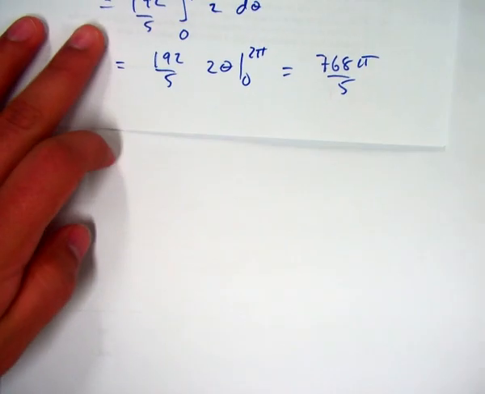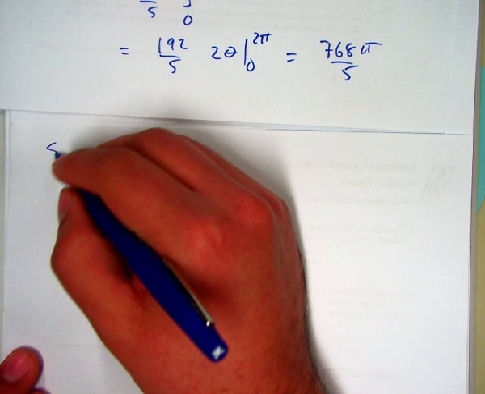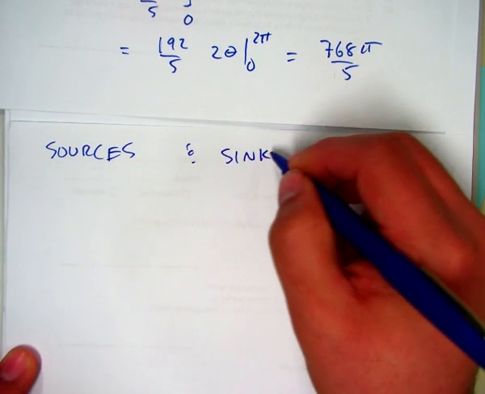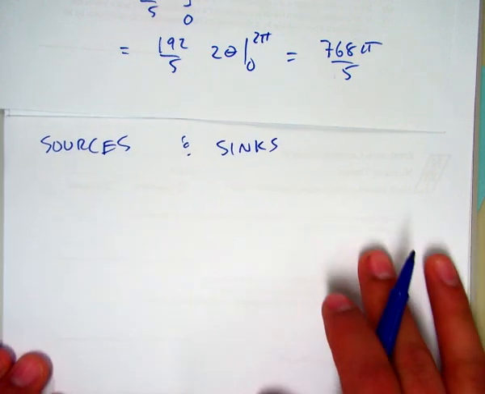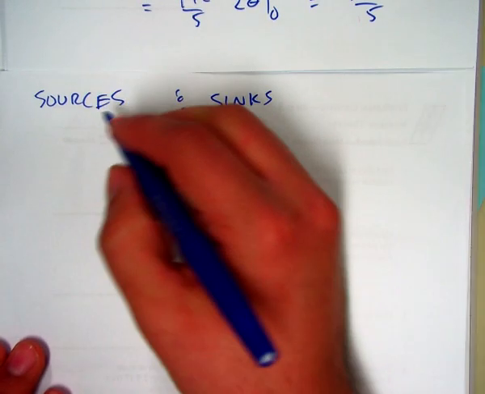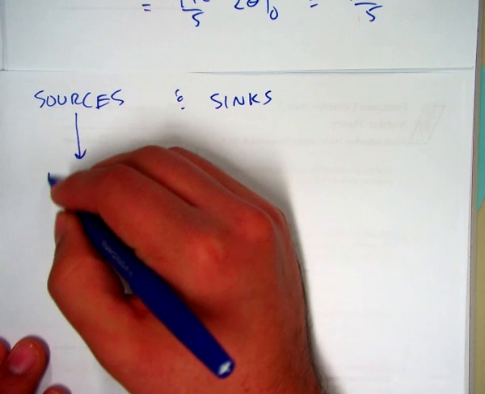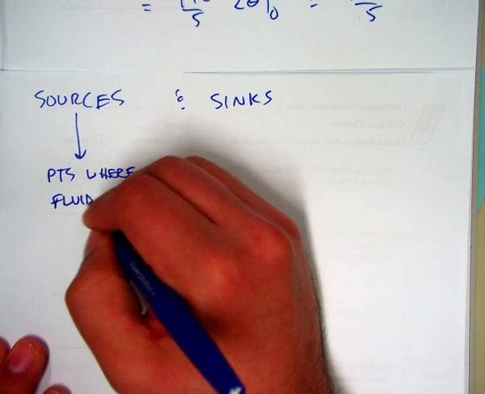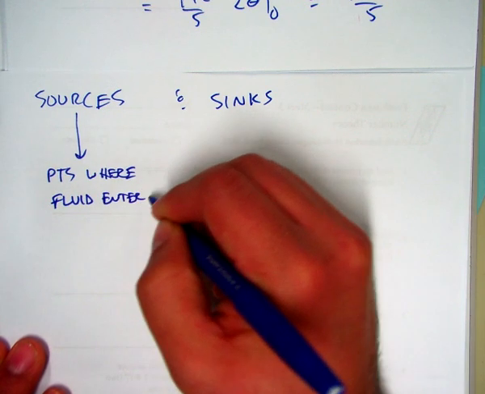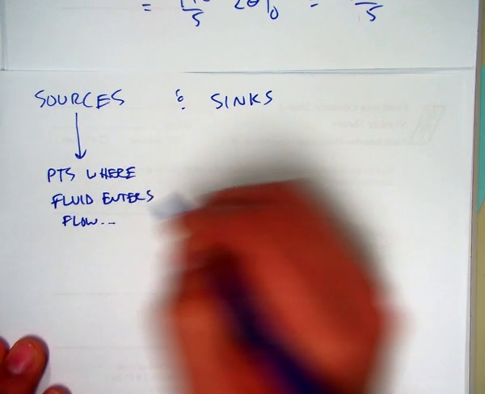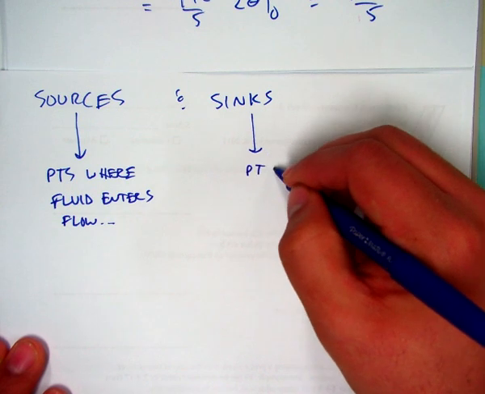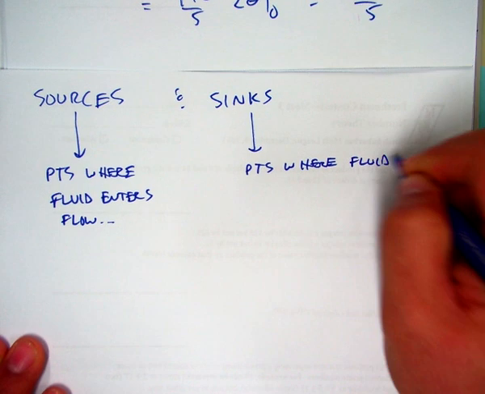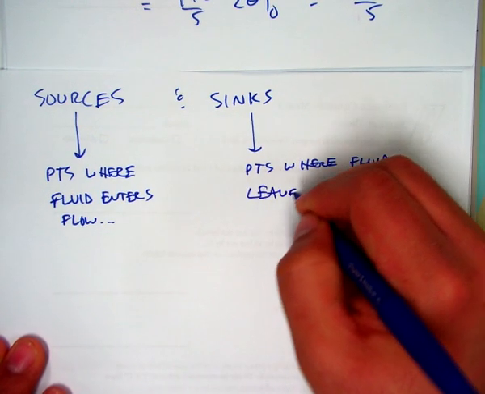Here's the last thing that I wanted to mention. Sources and sinks. Sources are points where fluid enters the flow. Sinks are points where fluid leaves or drains the flow.